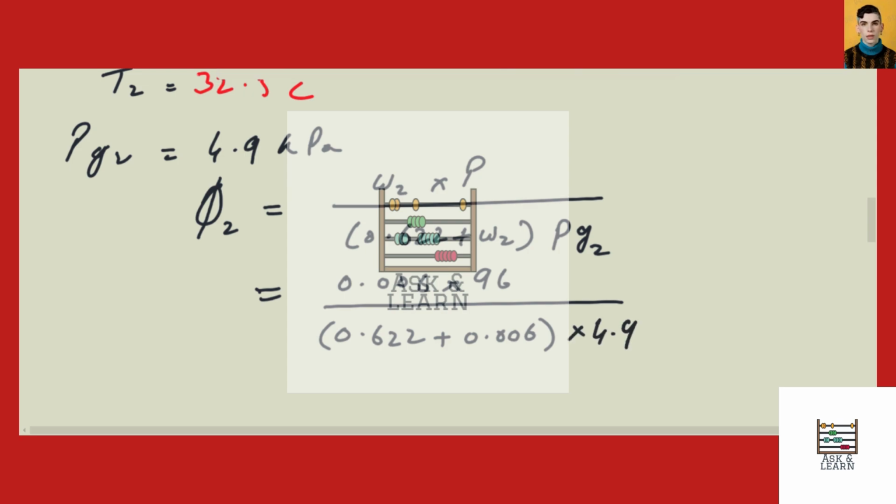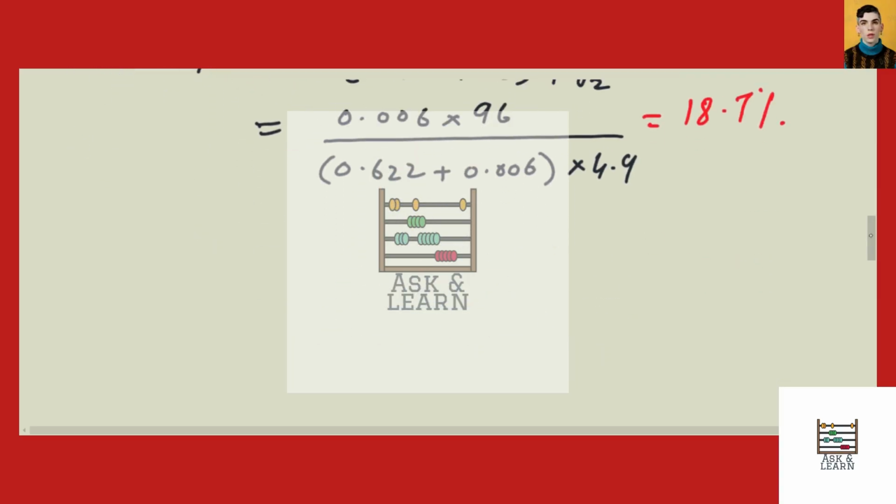So guys, the answer to phi 2 is equal to 18.7%.